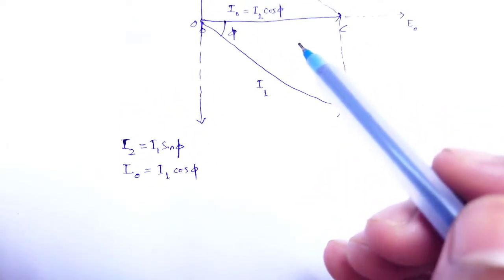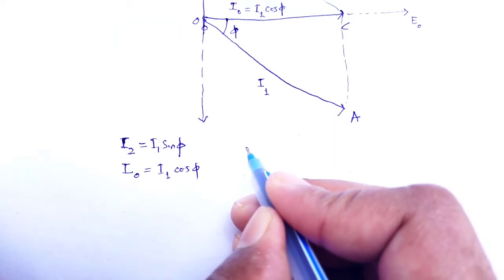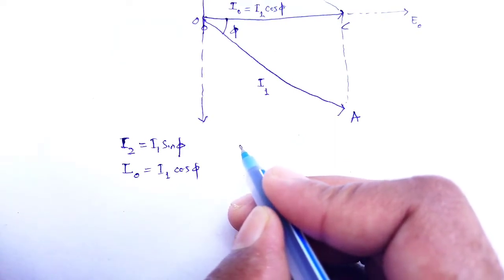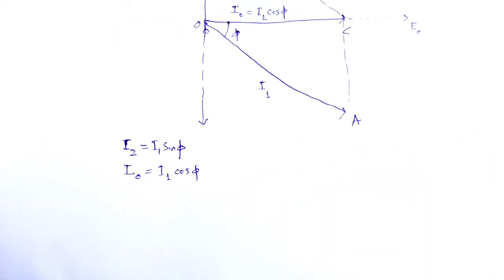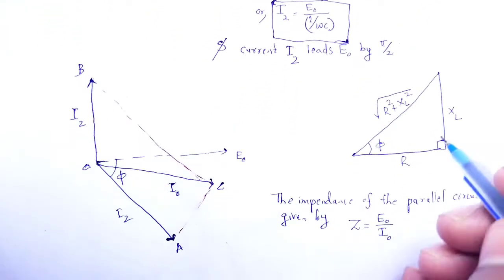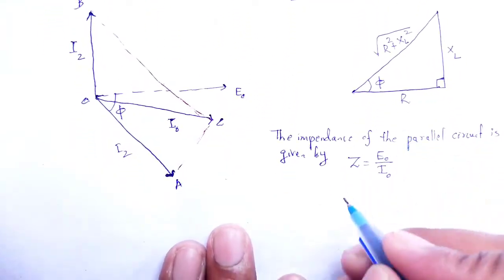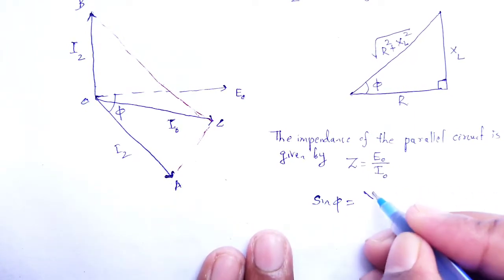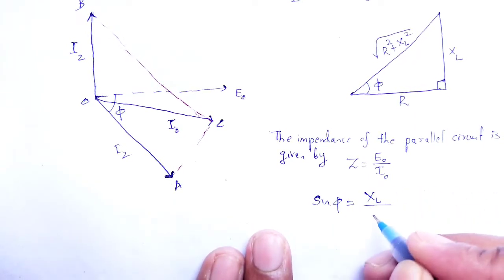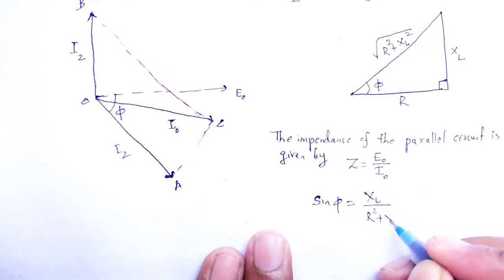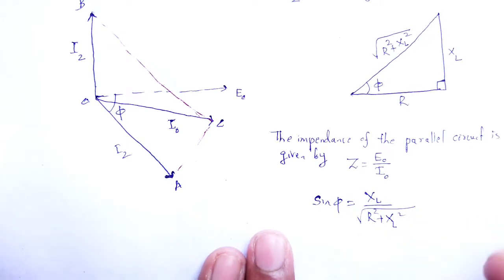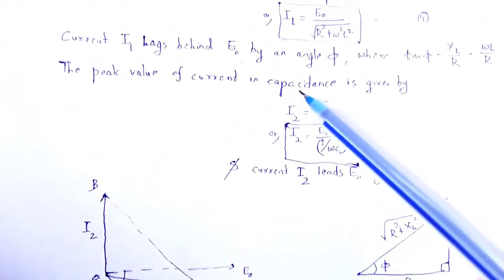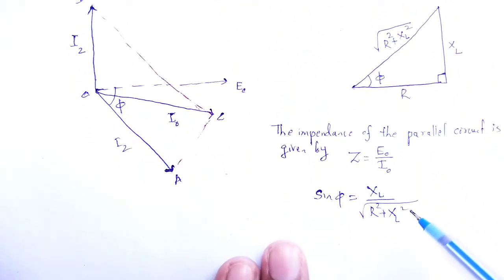From that figure, look at that figure. Here sin phi is equal to XL divided by under root of R square plus XL square. So I1, I2 and sin phi.